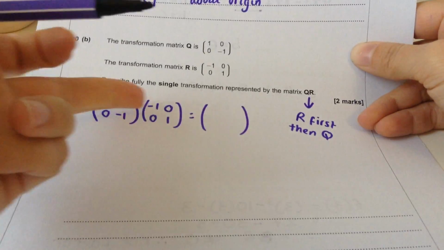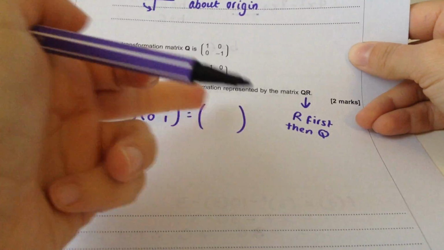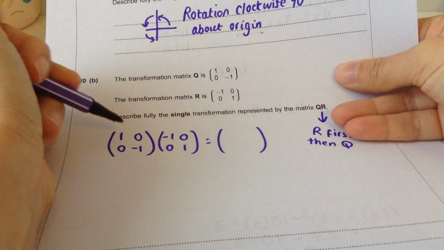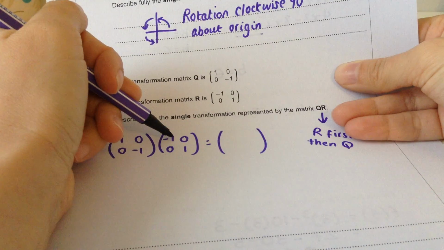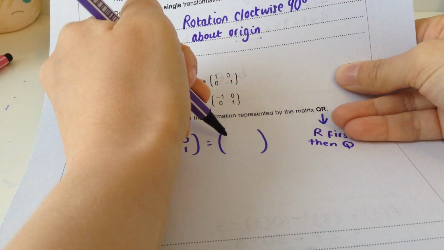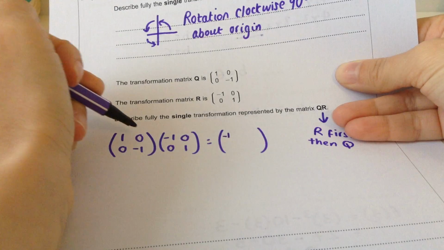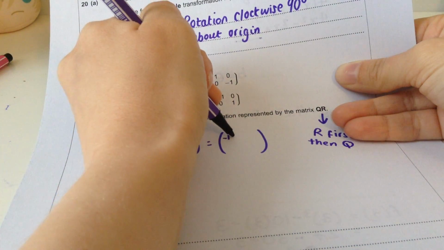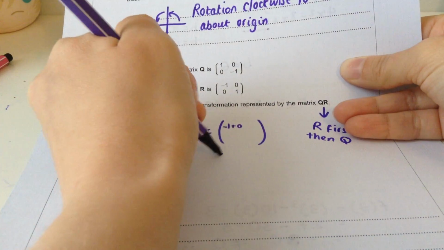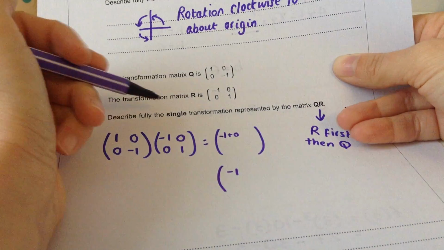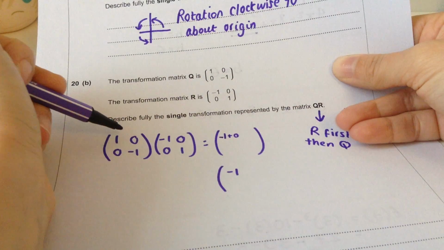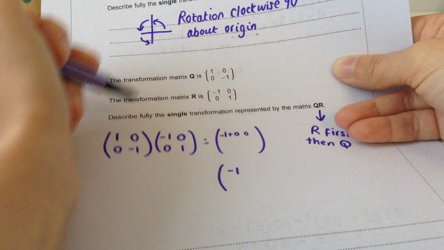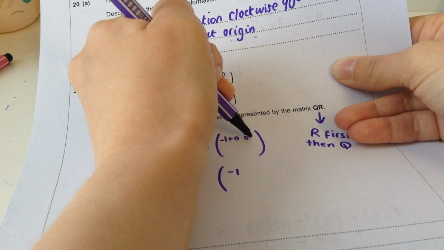So when you multiply a 2 by 2 matrix with a 2 by 2 matrix, your answer is going to be a 2 by 2 matrix as well. And we're going to do 1 times minus 1, which is minus 1, and 0 times 0, which is 0. So that's just minus 1. Then next element we've got 1 times 0, which is 0, 0 times 1, which is 0 as well.